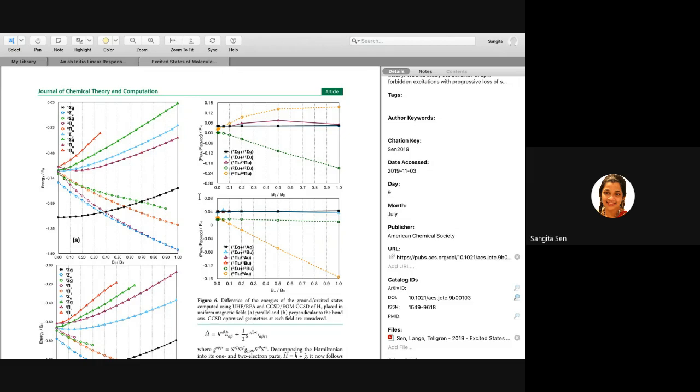Then it's impossible to plot anything. You can only present single point values, that at this field I have these electronic states. You cannot track it across a range of fields. So that is the other thing.